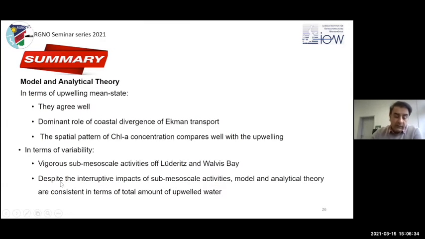We saw that our model results show extensive submesoscale activities off Lüderitz and Walvis Bay. And despite the disruptive impact of these two ocean dynamics, mesoscale and submesoscale, which we discussed at the beginning of this presentation, model and analytical theory are consistent in terms of total amount of upwelled water in the system.